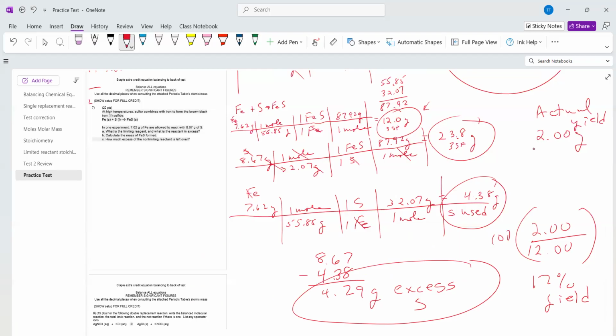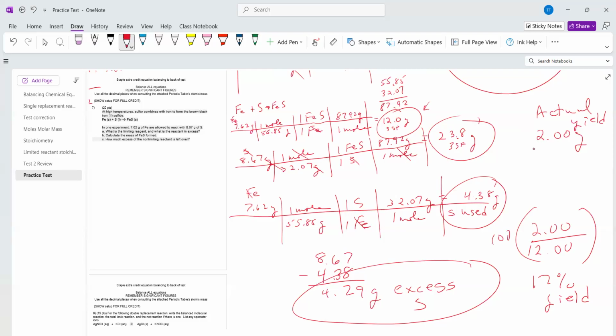When you're doing strict yield, it's what you got versus what you should have got. Now, a percent error problem would be, you should have got this, this is what you got. Then you do theoretical minus actual over theoretical times 100. That's calculating percent error.